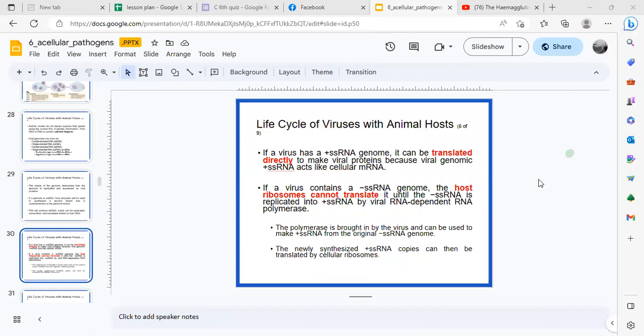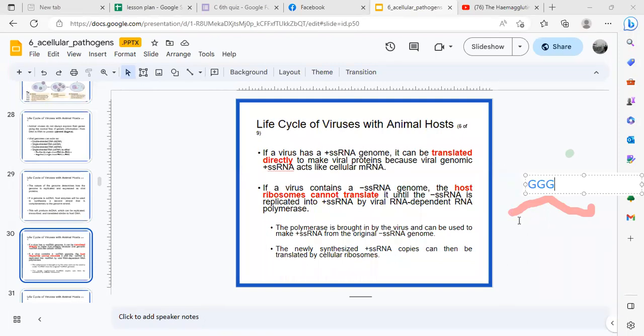Di ba nagko-complementary base pairs yan? Halimbawa dun sa kabila, meron kang, diba, meron ka lang G, G, G.